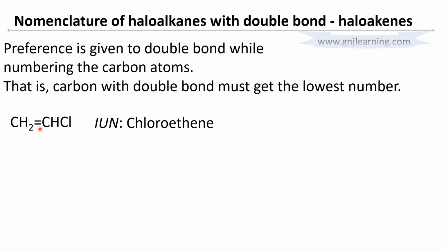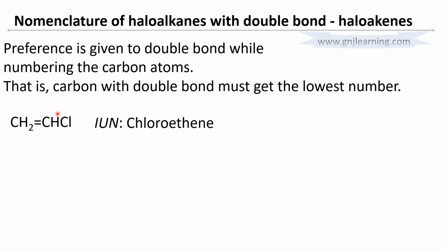Now we have learned that if a chlorine is attached to a carbon that is sp2 hybridized, since this is a double bond, this carbon here will be sp2 hybridized. When we were learning the classification, we learned that if chlorine is attached to a vinylic carbon, the whole compound is termed a vinylic halide.